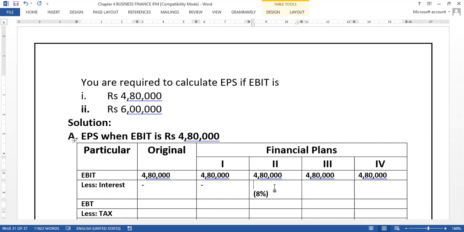You can take out the calculator. 4 lakh 80,000 into 8%. Interest is what they mentioned clearly.